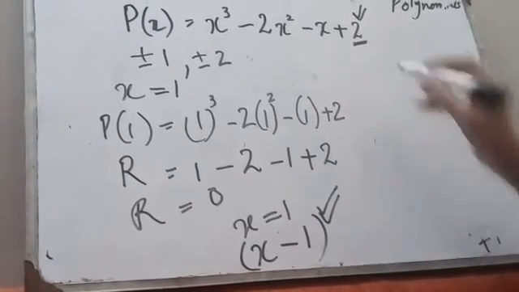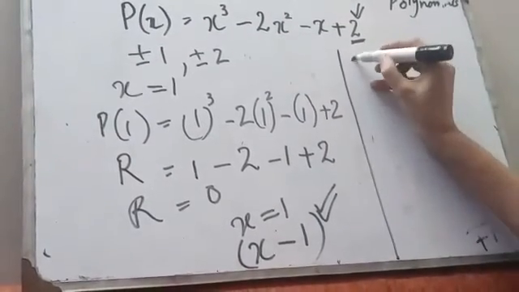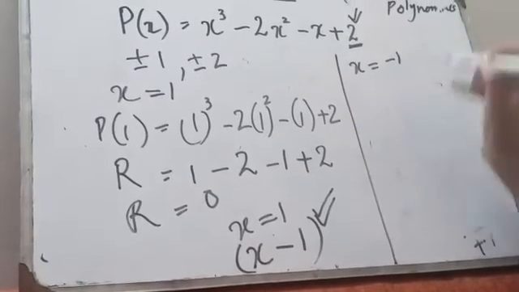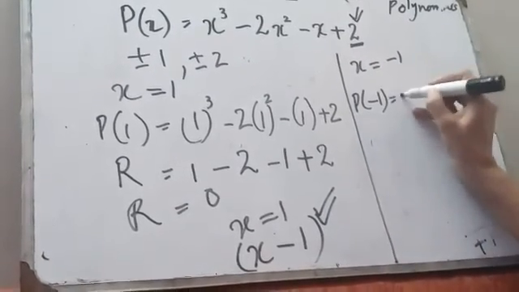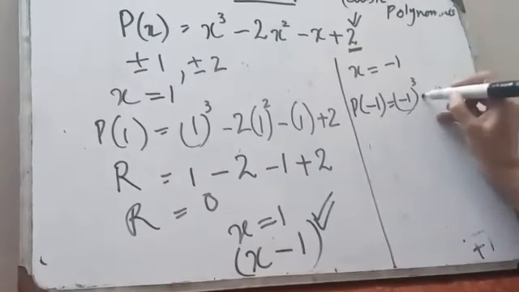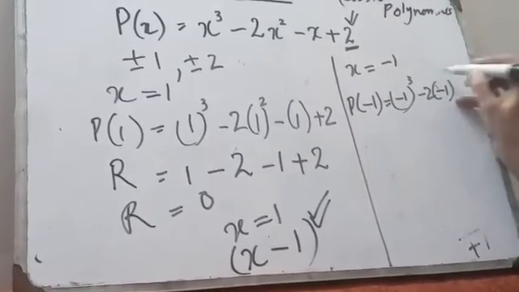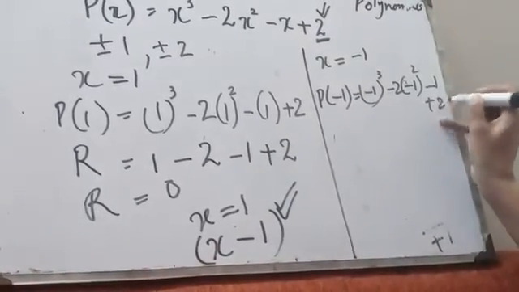Now, when we put x equal to minus 1, P(minus 1) is equal to minus 1 cubed minus 2 into minus 1 squared minus minus 1 plus 2.